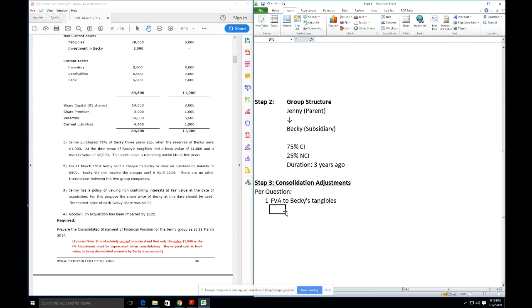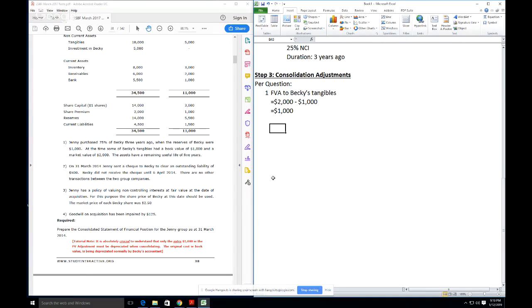So Becky's tangibles is plus $1,000. The book value was 1,000 and the market value was 2,000. So that is clearly 2,000 minus 1,000, and we have $1,000 for the fair value.